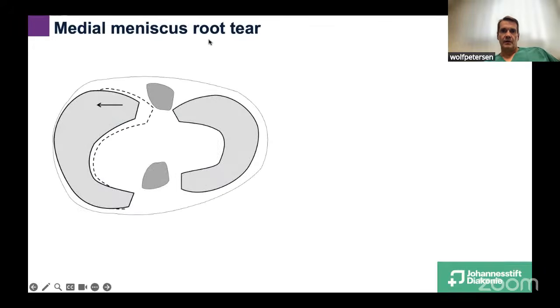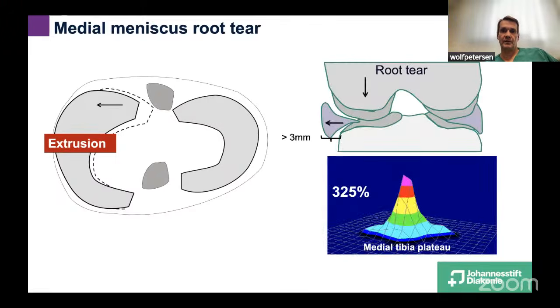What is the biomechanical consequence of a root tear? It's extrusion, especially on the medial side, because the meniscus is displaced medially when the root fails, or when the insertion of the meniscus fails.